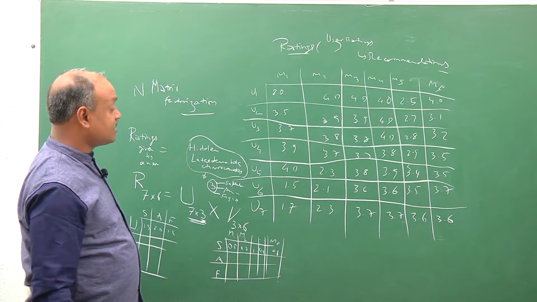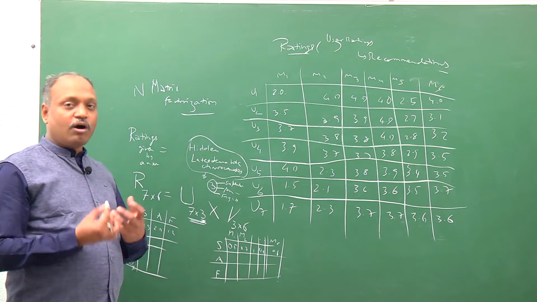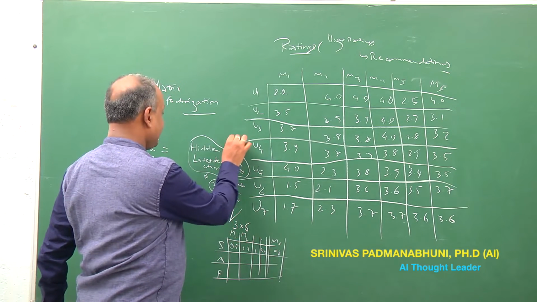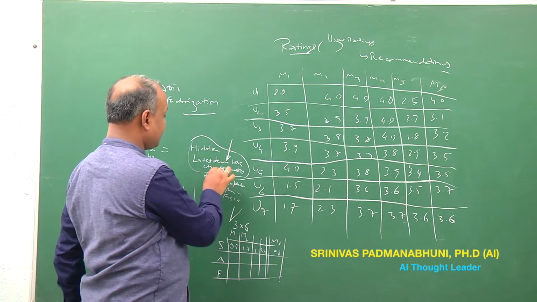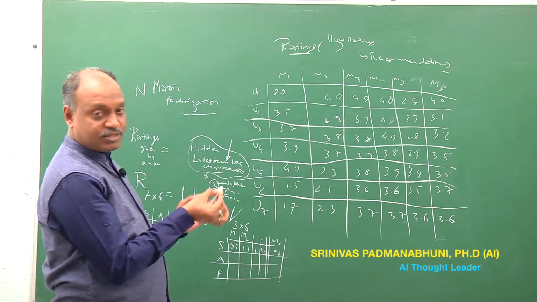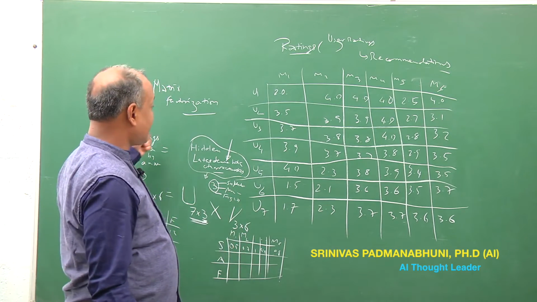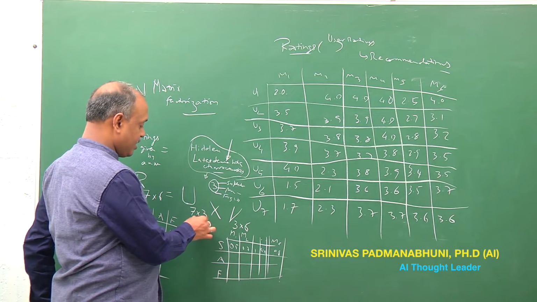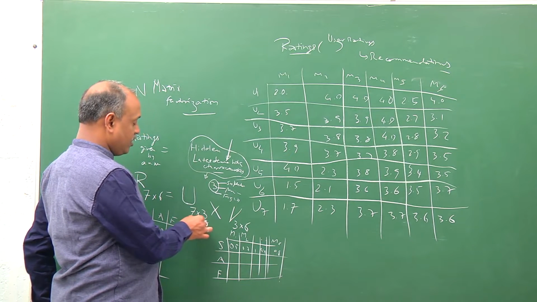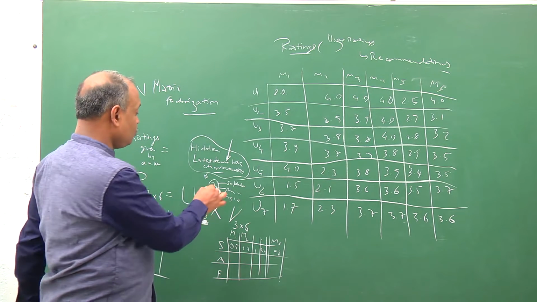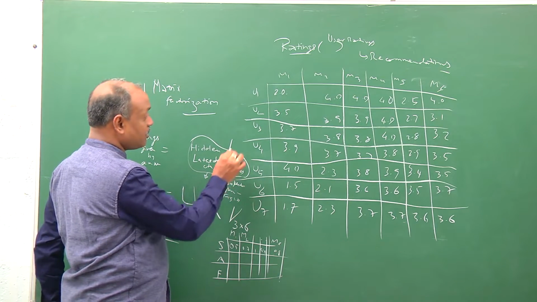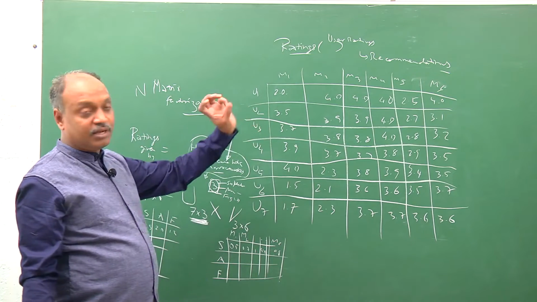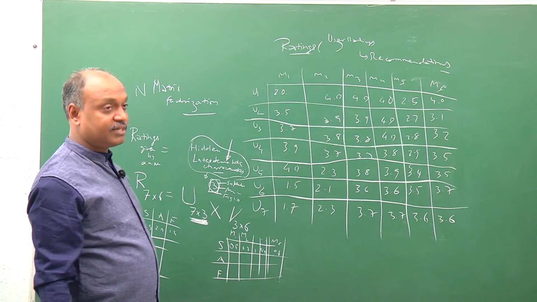But the key idea is you're trying to evolve an unknown entity known as latent semantic hidden characteristics of the movies, which is making users react the way they are and giving the ratings. So what we have done is we have taken the pain of giving some shape to these characteristics of the movie, which are not overtly present in the ratings, but internally they are the ones which are driving the corresponding behavior or the rating that is given.